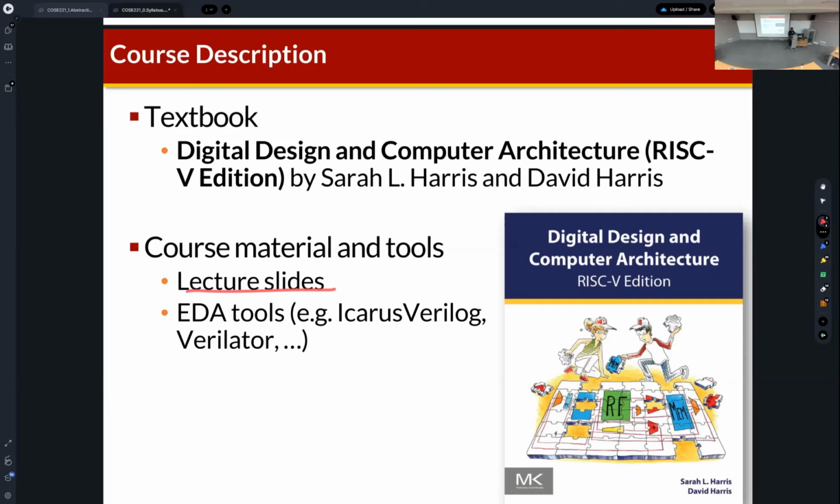Also, in this course, we will use EDA tools. EDA is electronic design automation. In order to use the hardware description language, we need to use these tools. It's similar to a compiler.